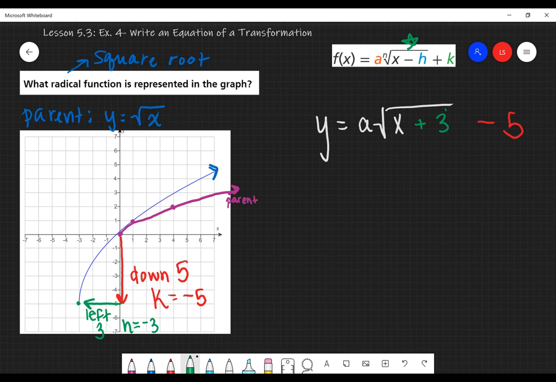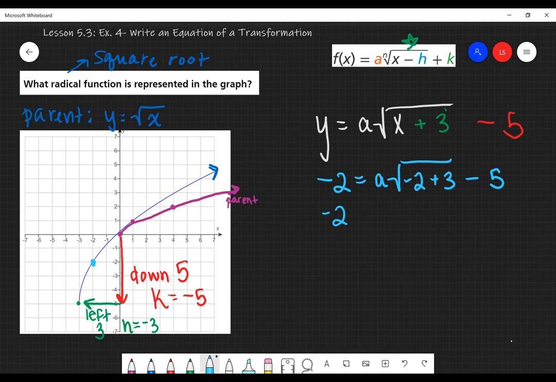Now the last thing we need to do is figure out what our a value is. So in order to do that, we're going to pick a point on the graph. So I'm going to pick the point (-2, -2), and we're going to plug those values in for x and y and solve for a. So you've got -2 equals a times the square root of -2 plus 3, minus 5.